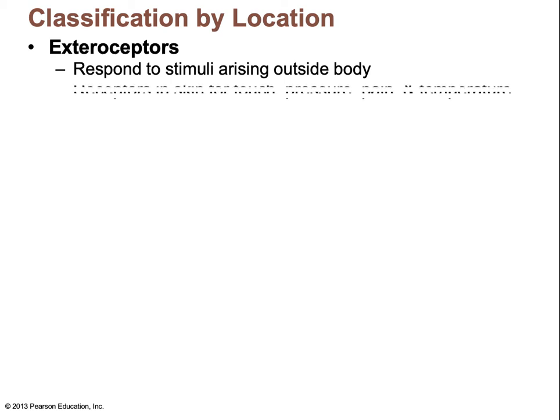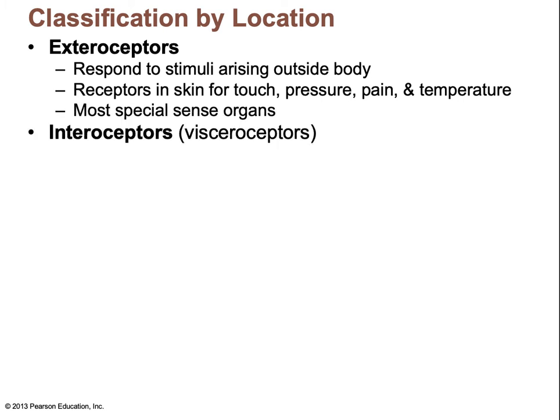Exteroreceptors respond to stimuli on the outside of the body, and they are found in the skin for touch, pressure, pain, and temperature. Special sense organs are also exteroreceptors, such as the eyes, the inner ear, and so on.